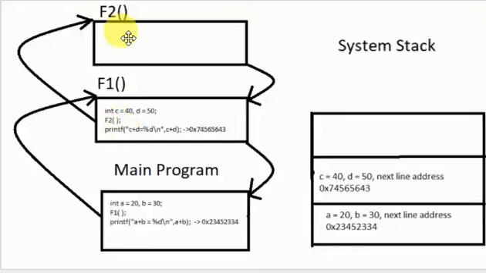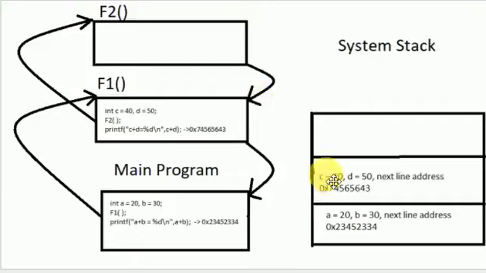Before going to f2, the state of f1, c and d, and the next line address, the printf line's address, is stored onto the system stack and f2 is called, and whatever is there in f2 is executed and you will return to f1.